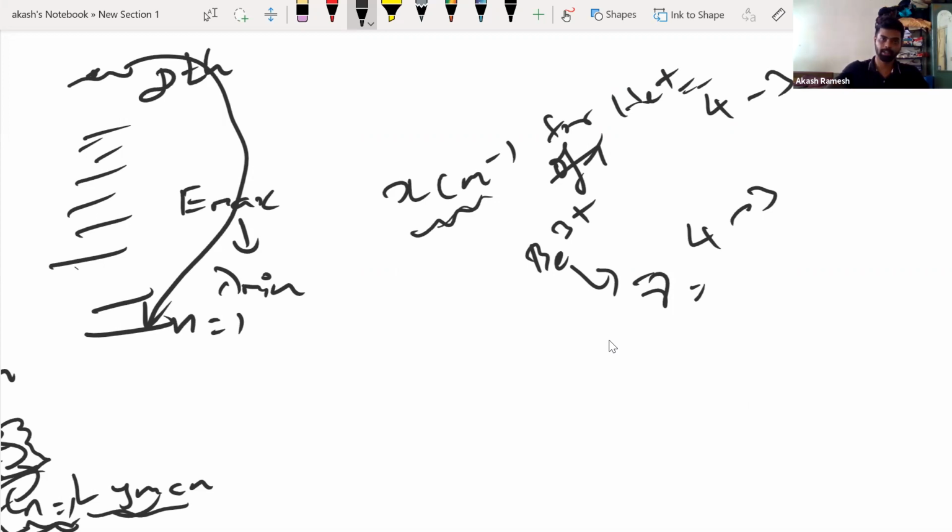Whatever N1 and N2 are here, the same N1 and N2 are here also. This is the same transition. Keep that in mind.